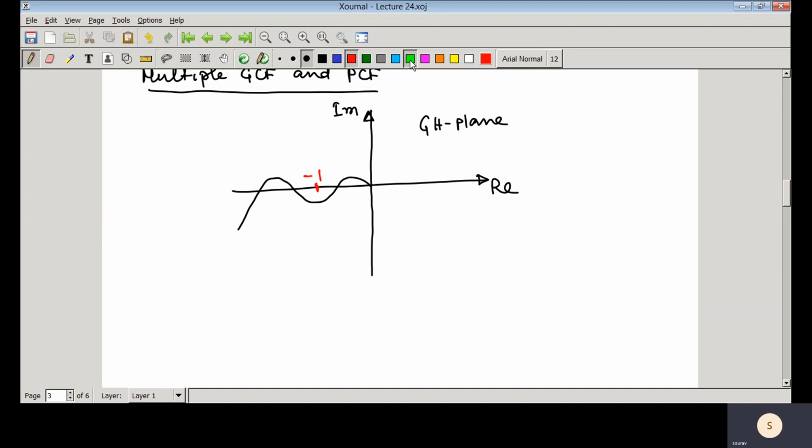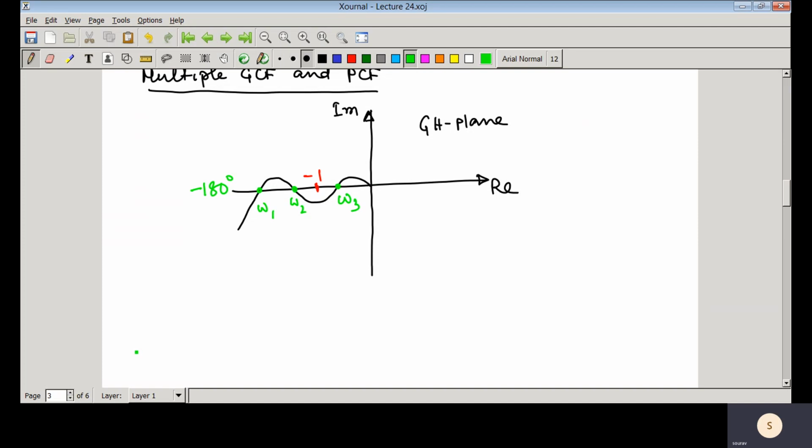We have three frequencies here, omega 1, omega 2, and omega 3, where the Nyquist plot cuts the minus 180 degree axis. So you have multiple phase crossover frequencies. Then what would be the case in this situation?